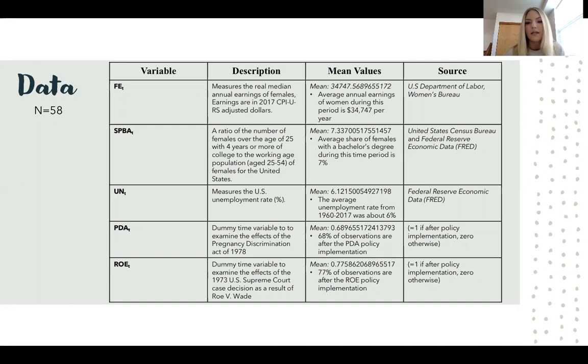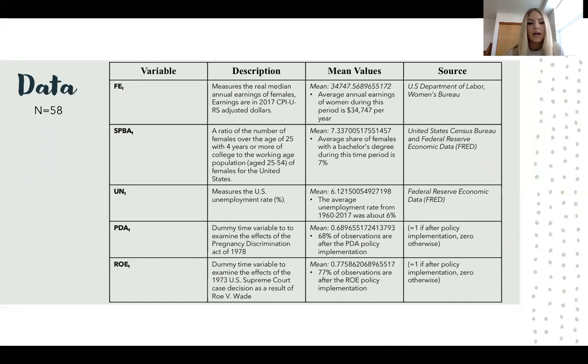The source of this data is the United States Census Bureau and the Federal Reserve Economic Data website. We have UN, which measures the US unemployment rate. The mean is 6.1215, which means the average unemployment rate from 1960 to 2017 was about 6%. This data is from the Federal Reserve Economic Data website as well.